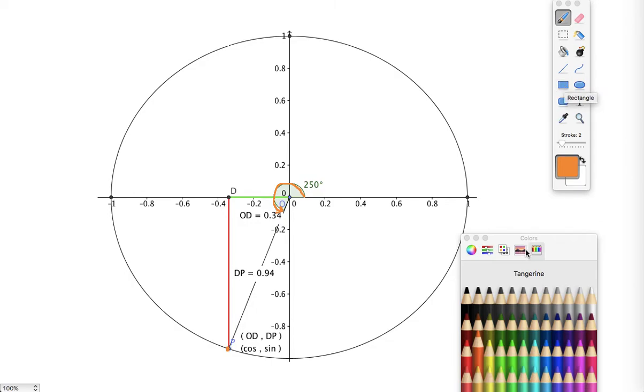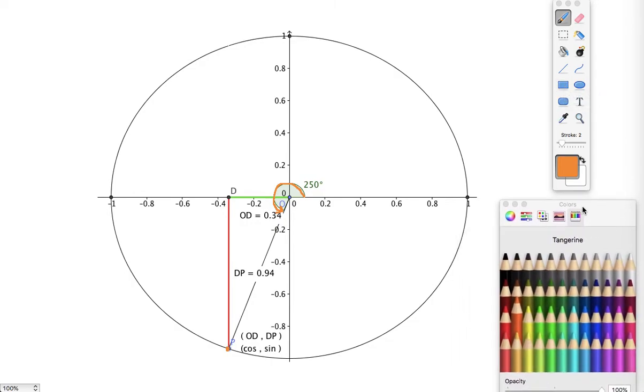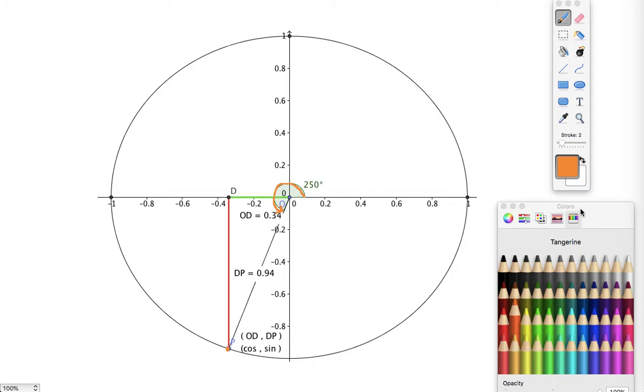Okay. So where else on here has the exact same sine as sine of 250 degrees? Sine of 250 degrees, just for the record, is negative 0.94, or about equal to that. It's our height. This is going down, it's negative 0.94.